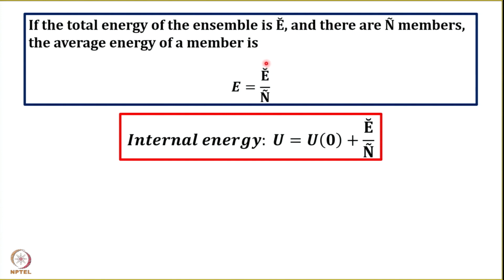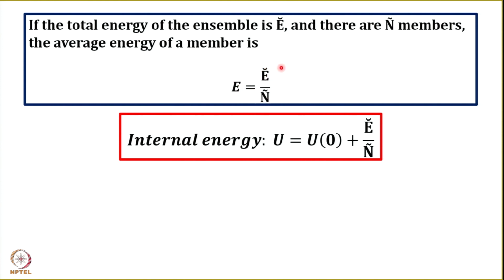Now let us start developing some relations. We have talked about the total energy of the ensemble as this special character E and the total number of members as this special character N. So obviously the energy of one system or one member of the ensemble is going to be an average.